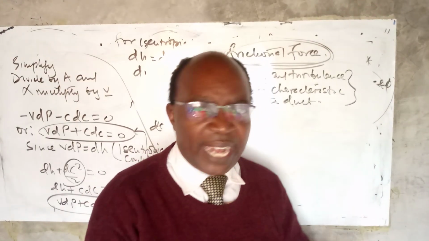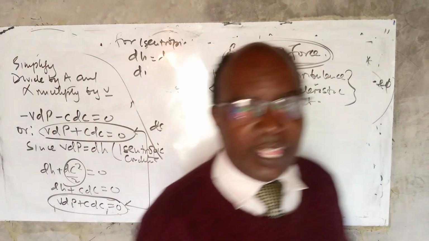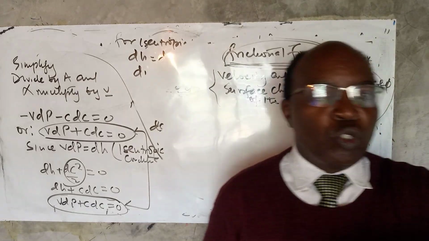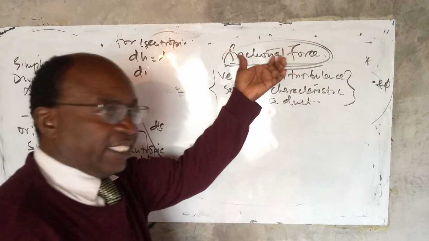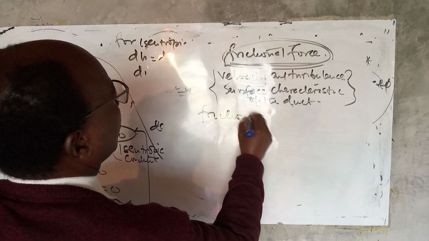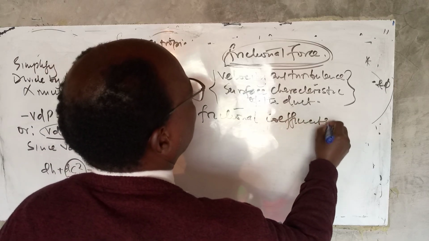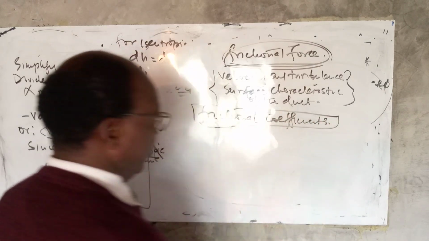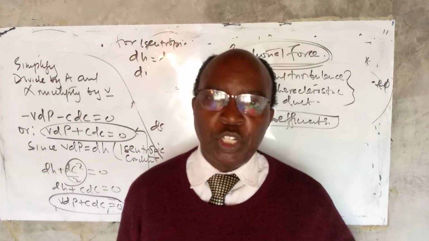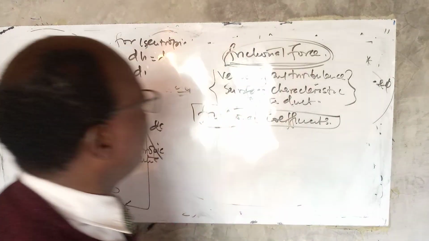And so, to make your life easy, when you are designing, for example, a nozzle, you will concentrate on empirical coefficients which can make your life a little bit easy, other than trying to determine this force empirically. So you can use frictional coefficients to help you in your computations, because if you couple them with the continuity equation and the energy equation together with an equation of state, then you can actually compute most of these things.